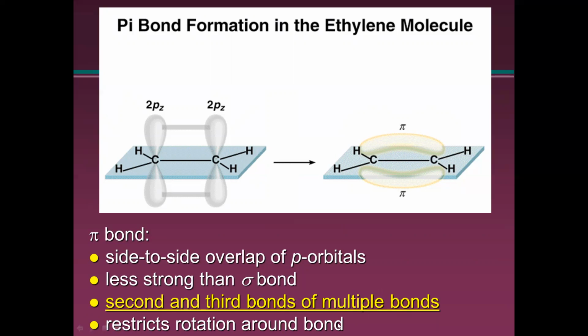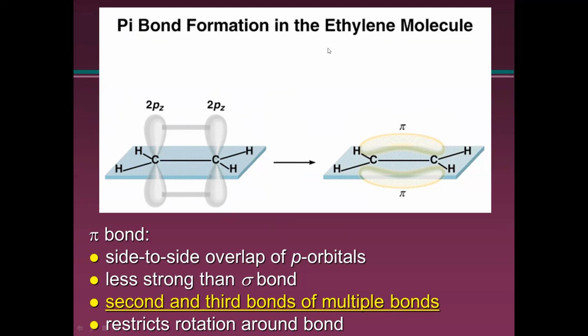Last, the pi bond restricts the rotation around the bond. You may remember we talked about how a sigma bond can rotate this way, but a pi bond cannot. For example, if these are sticks, you have 3 sticks here. If you want to rotate this one, you will break it.